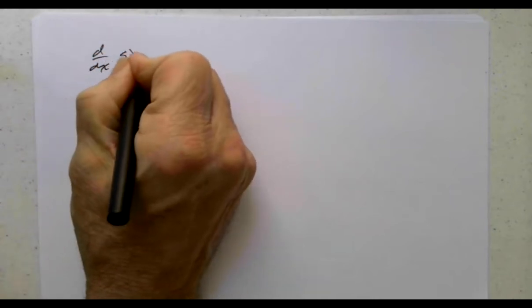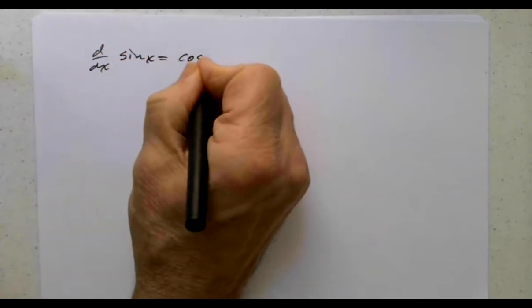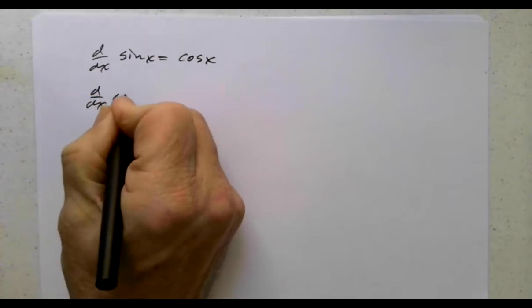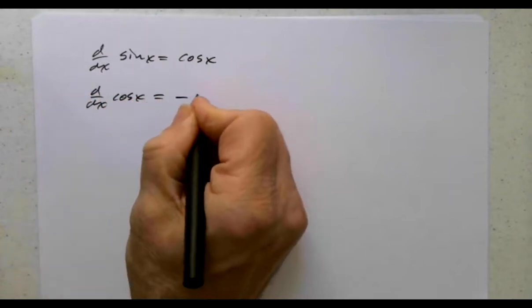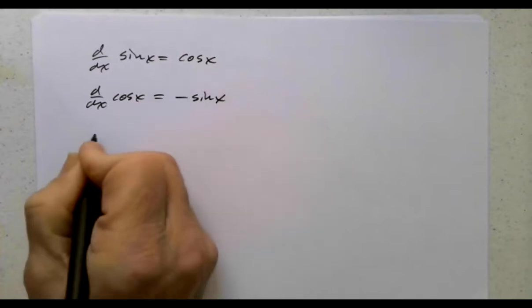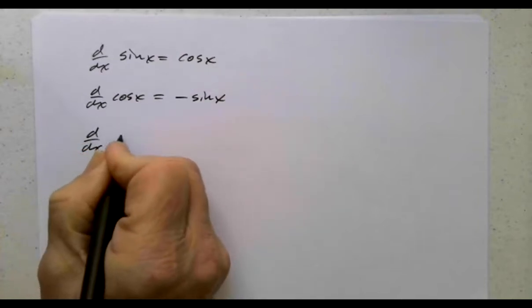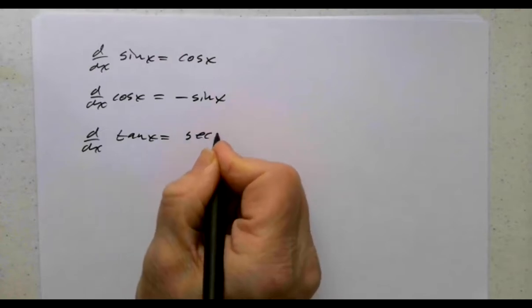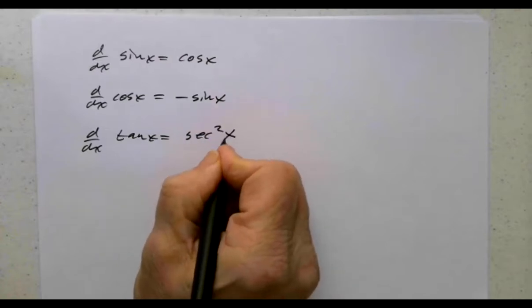The derivative of sine x is cosine x. The derivative of cosine x is minus sine x. The derivative of tangent x is secant squared x. And then where did we go?